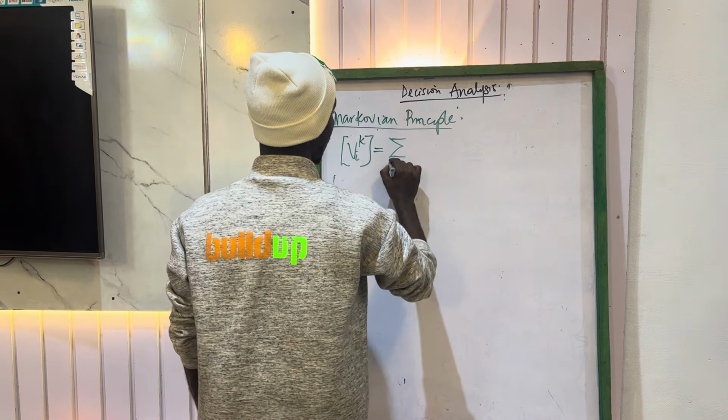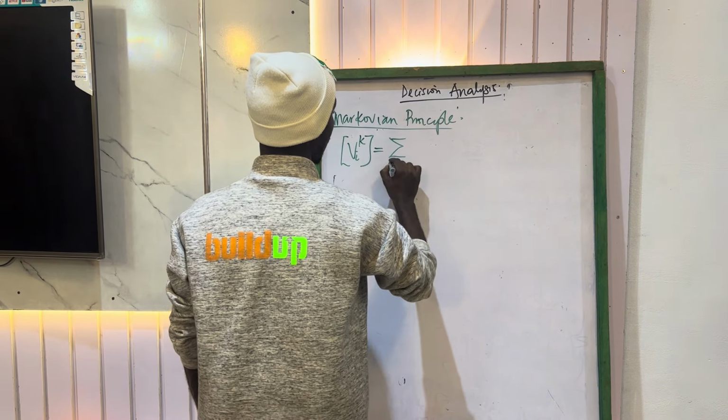So let me just go over it again. This is our objective function, and the aim is to get an optimal value. I told you that Markovian deals with maximum. It maximizes the objective function. So we find the max of this objective function.